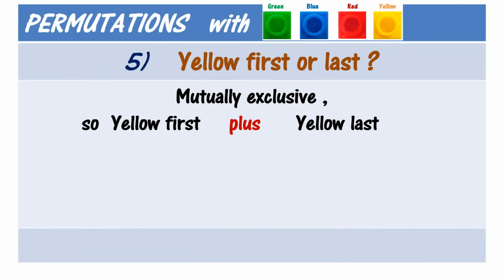In other words, the two situations are mutually exclusive. And if they're mutually exclusive, we can add them. It's yellow first plus yellow last, which will be the same as red first. 6 plus 6 equals 12.